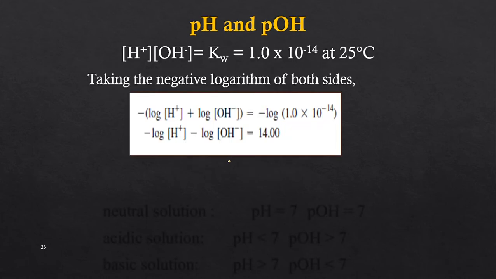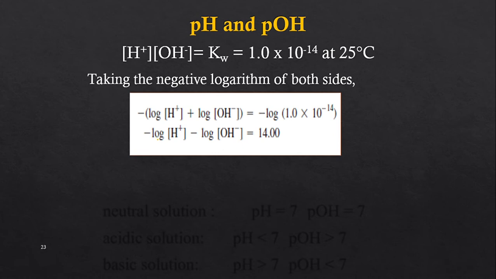Okay, so pH and pOH, when we add them together, that should be equivalent to the negative logarithm of the concentration of hydrogen ion, or hydronium ion, this should be equal to the negative logarithm of the Kw, which is 1.0 times 10 to the negative 14.